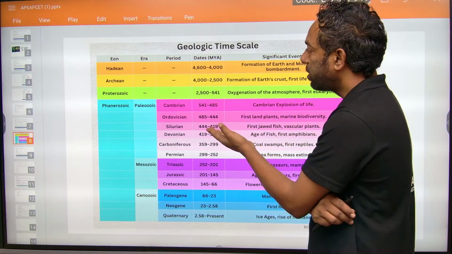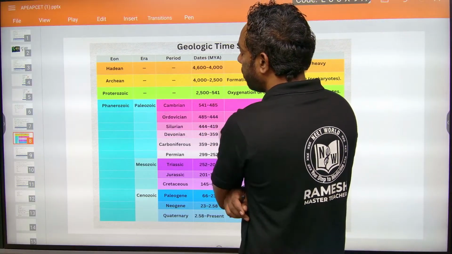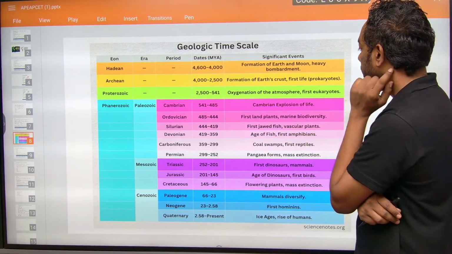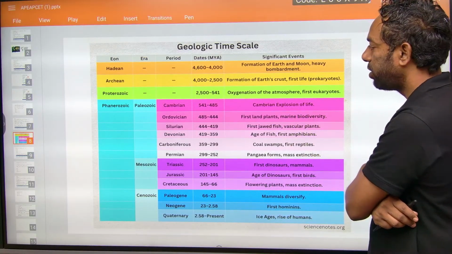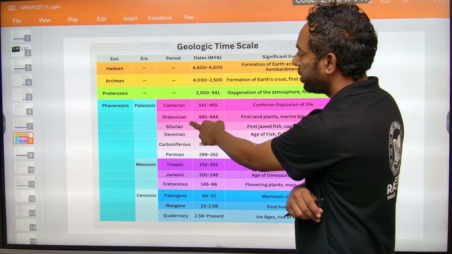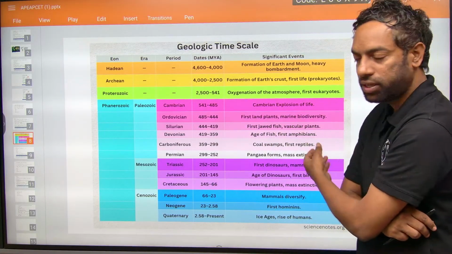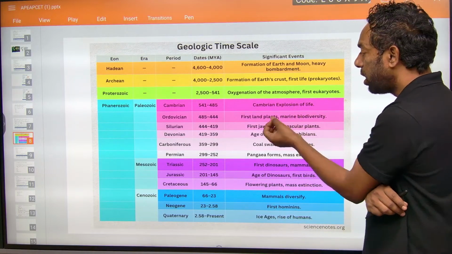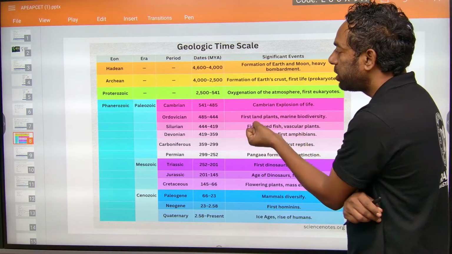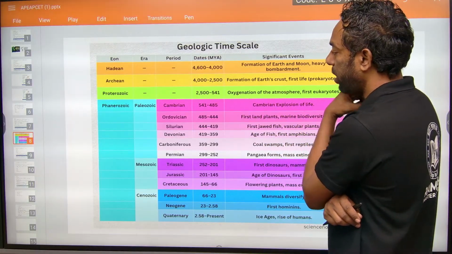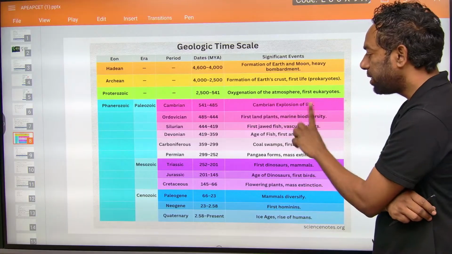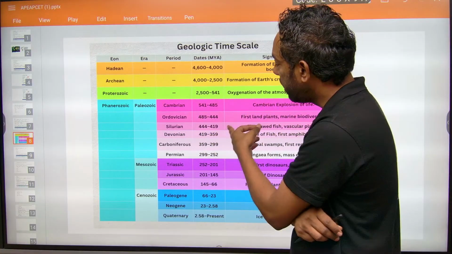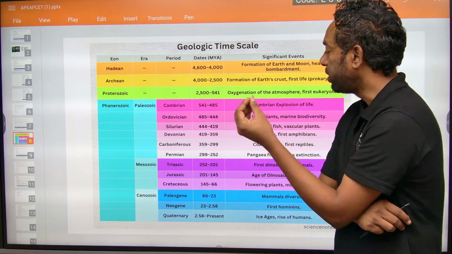First this is the Paleozoic era. In the Paleozoic era, the first plants and marine biodiversity appear in the Ordovician period, and in the Silurian the first jawed fishes started. Devonian is most important, guys: the age of fish. Which period is the age of fish?